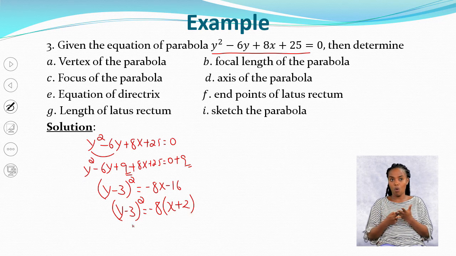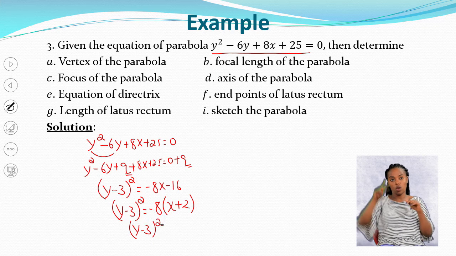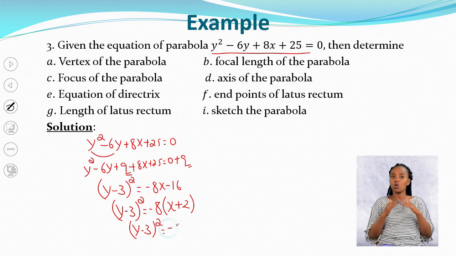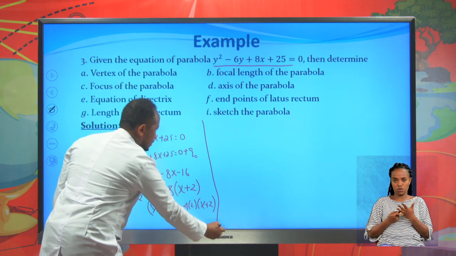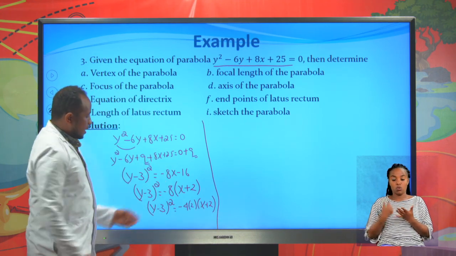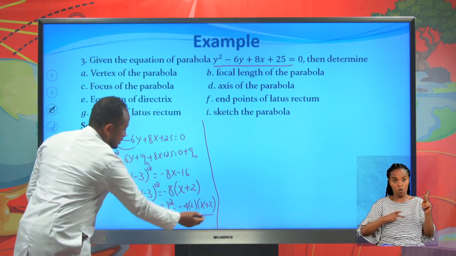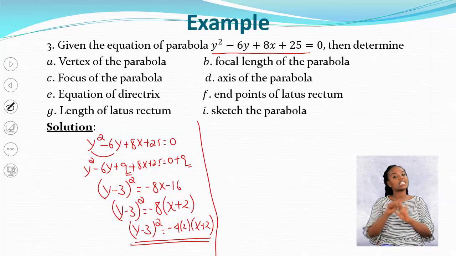So this becomes y minus 3 the whole squared is equal to minus 4 times 2 times x plus 2. So we have written the parabola in this standard form.